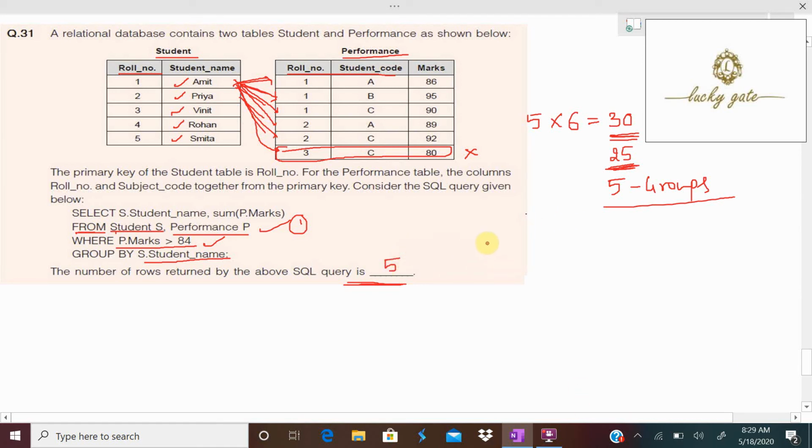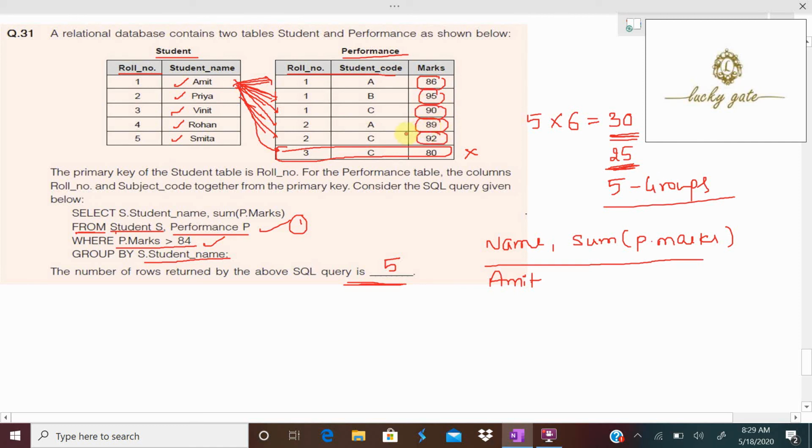And what is the output? Name of the student, comma, sum of P marks, and name Amit. For Amit, we have 5 rows because Amit is matched with these 5 combinations. So 86 plus 95 plus 90 plus 89 plus 92.